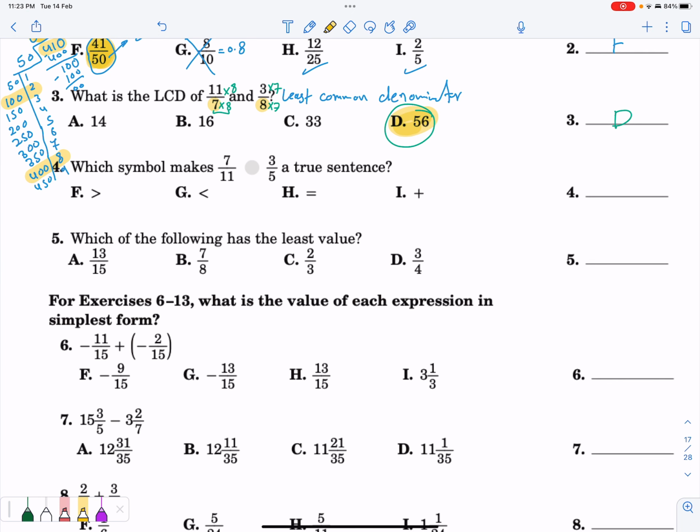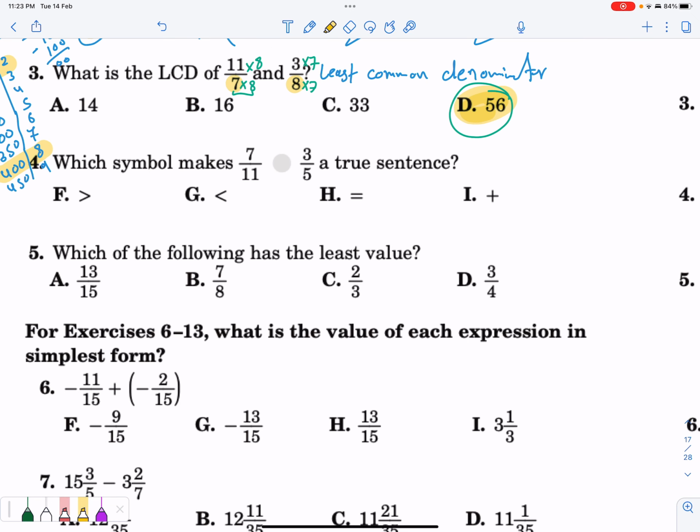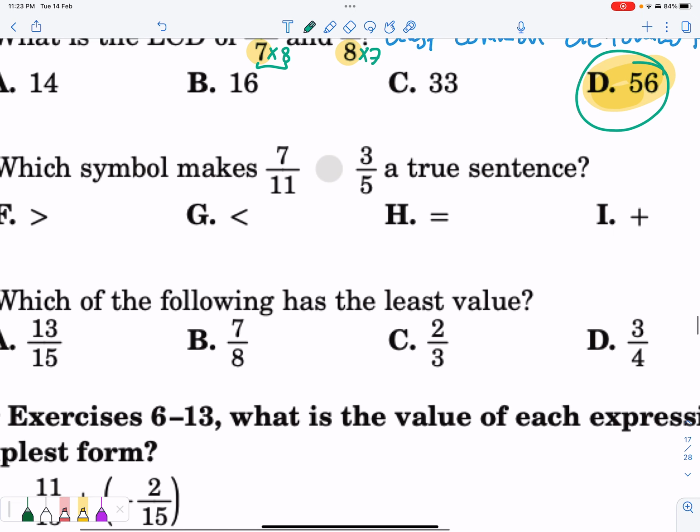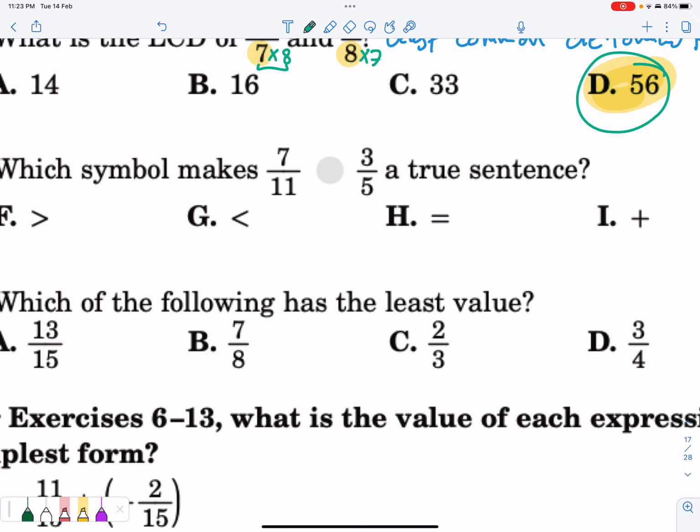Okay, question 4 says, which symbol makes 7 over 11 and 3 over 5 a true sentence? Now, these two fractions, can you tell me which one of them is bigger than the other? I guess from looking, we can't really tell. We need to make the denominators the same. So the least common denominator between 11 and 5 is 55.